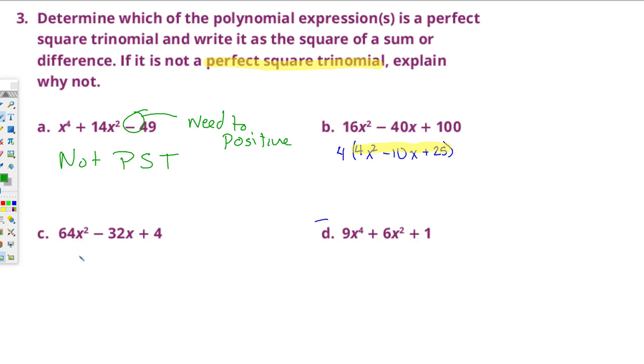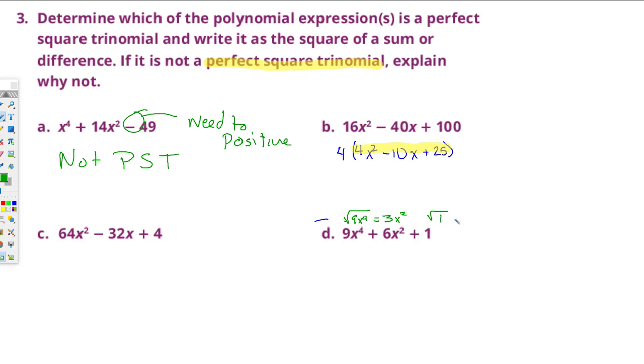Anybody else fail? You can tell straight off. D. Well, what's the square root of 9x to the fourth? 3x squared.